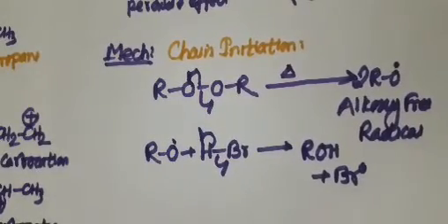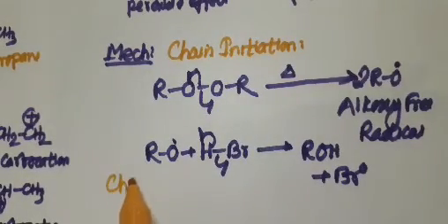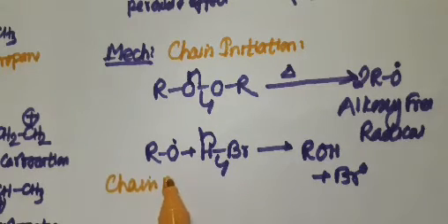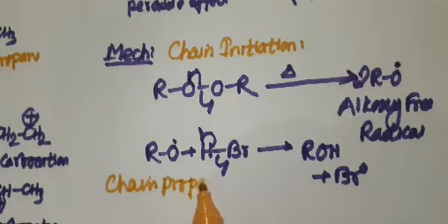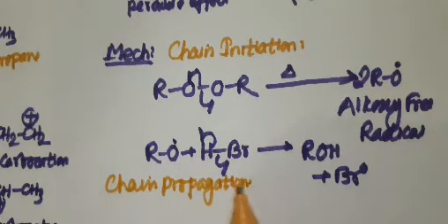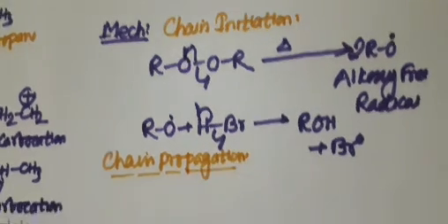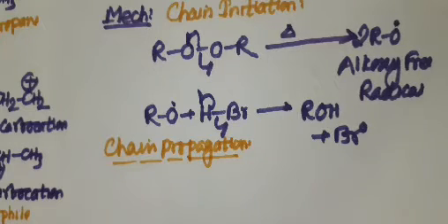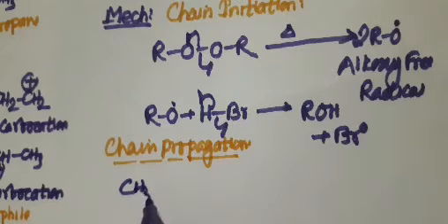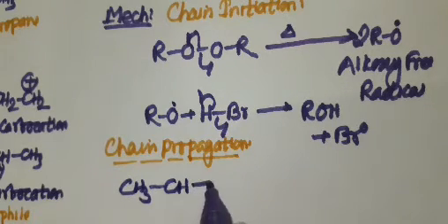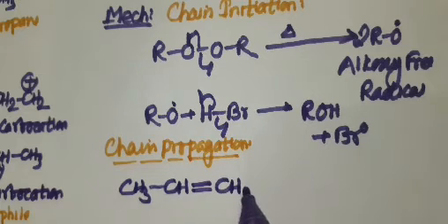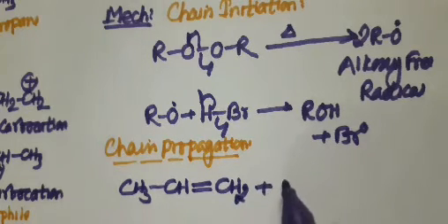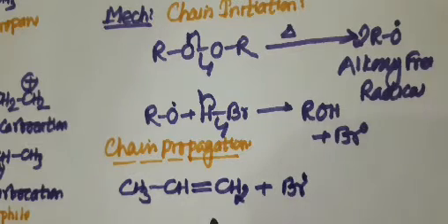Now the second step, chain propagation. This step involves interaction of the free radical with the reactant molecule. So let's see the chain propagation step. The reactant molecule is CH3CH double bond CH2, and this is Br free radical.